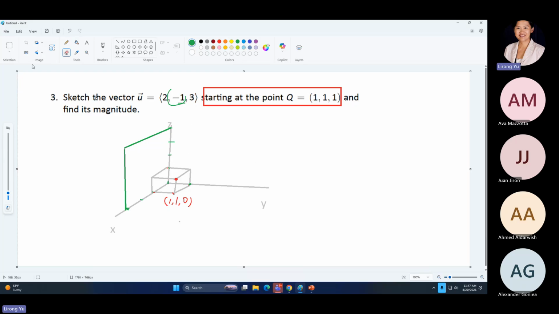Okay, so that is the ending point. So what was the vector? The vector would be from the initial point to the terminal point. So I think it would look like this. Are we okay?